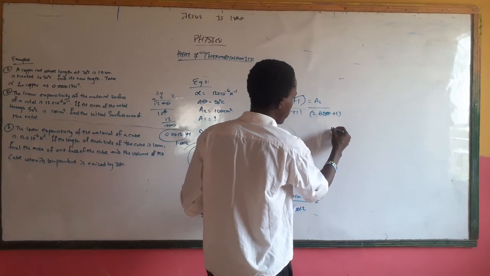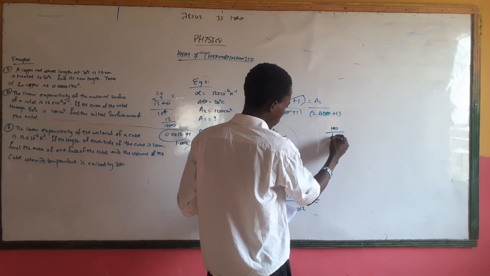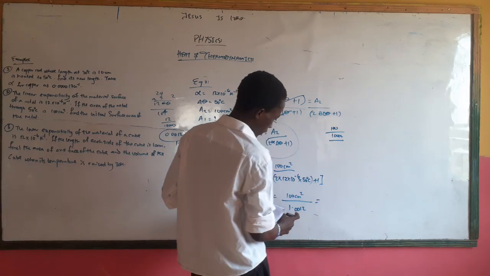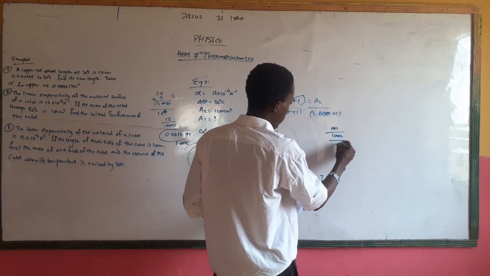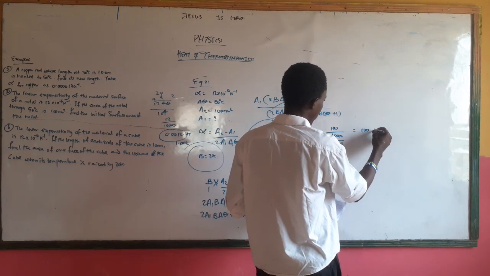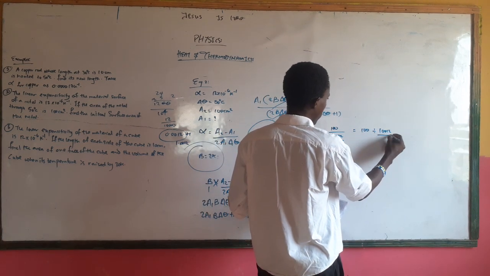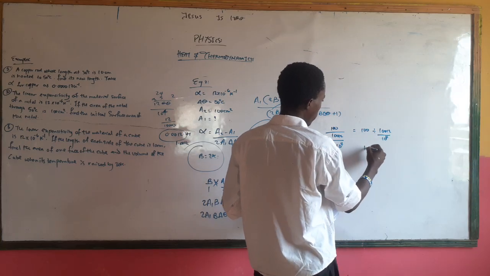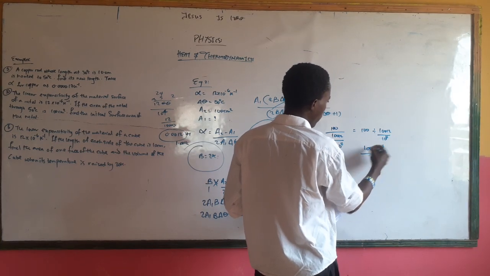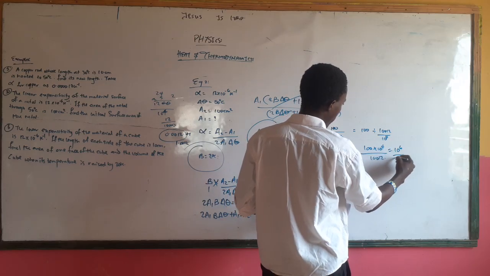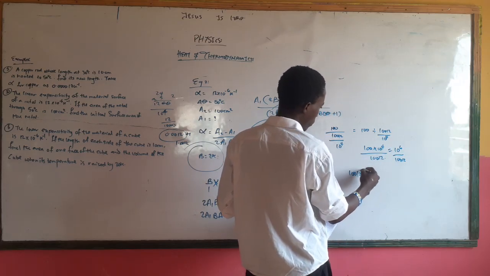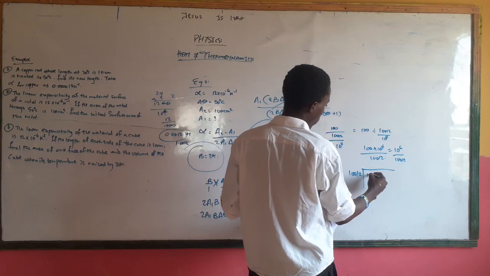We have 100 divided by 1.0012, which is 100 divided by 10012 times 10 to the power 4. That's 100 times 10 to the power 4 over 10012. Then you multiply that times 10 to the power 6 over what? Let's divide this 10012 into 1 million.